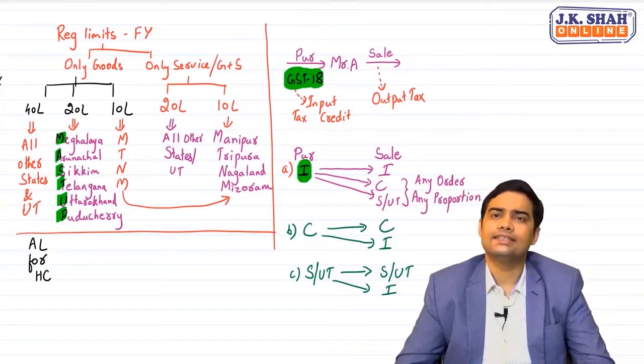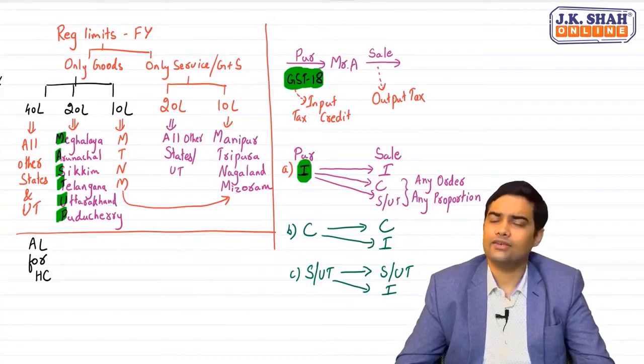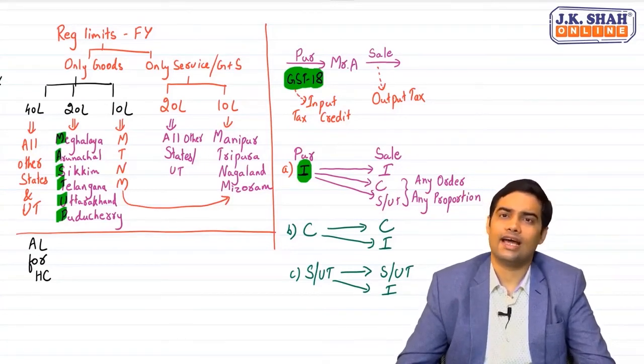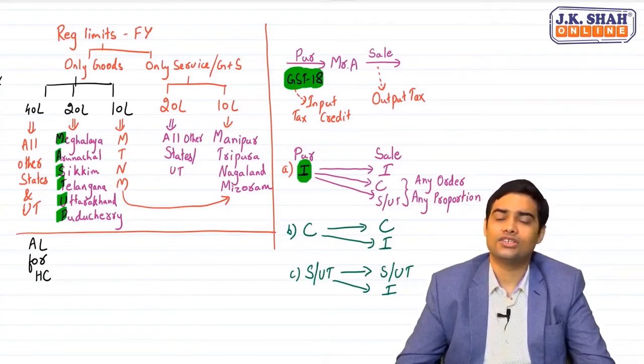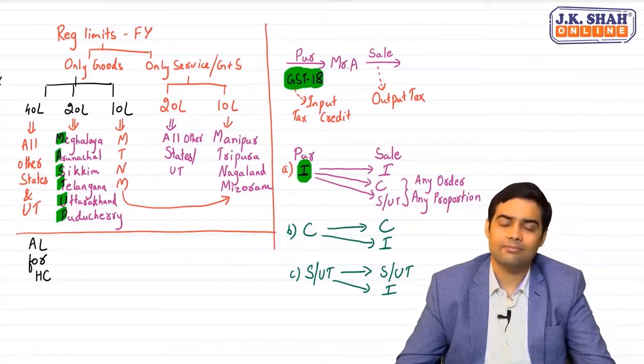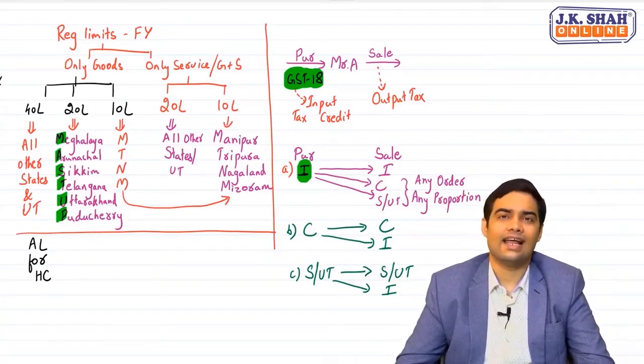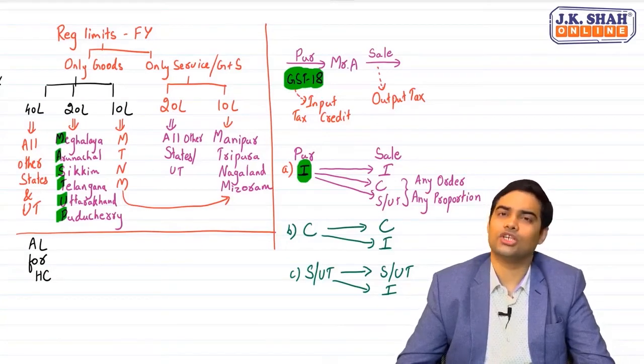On this, state excise and VAT is charged completely by state governments, and that's why alcoholic liquor for human consumption is not liable to GST. Never would it be liable to GST unless the constitutional provisions are amended, because constitutional provisions clearly provide that alcoholic liquor for human consumption would not be liable to GST.